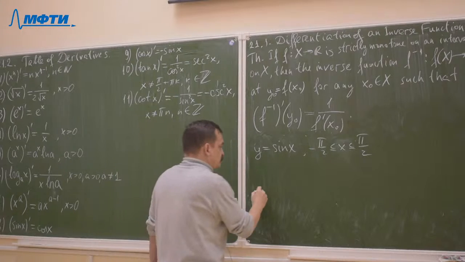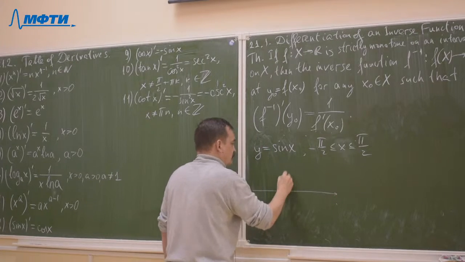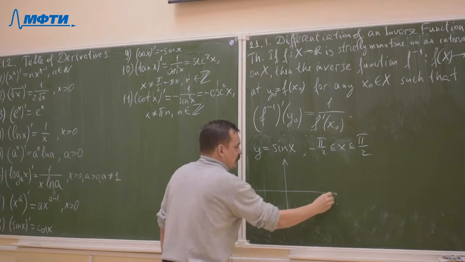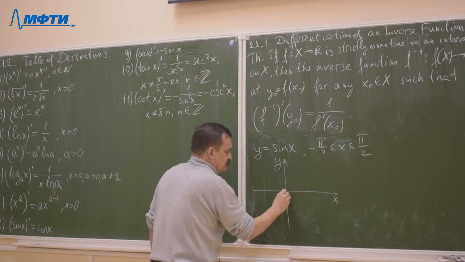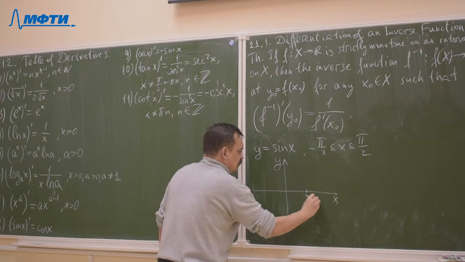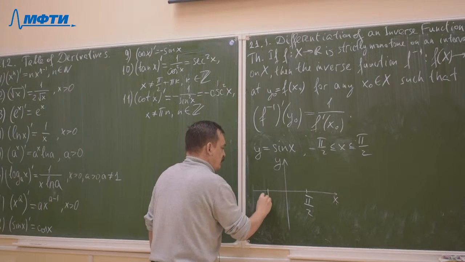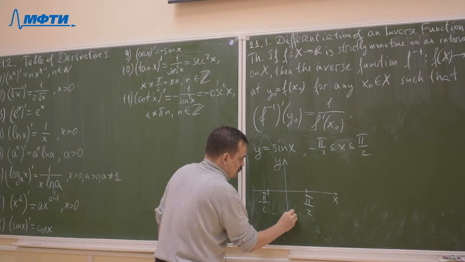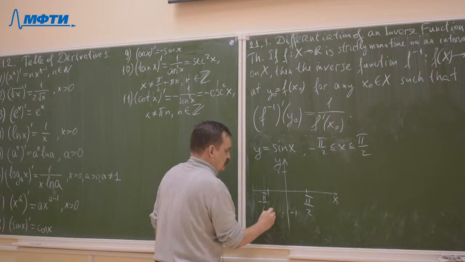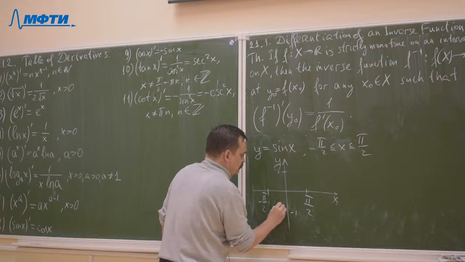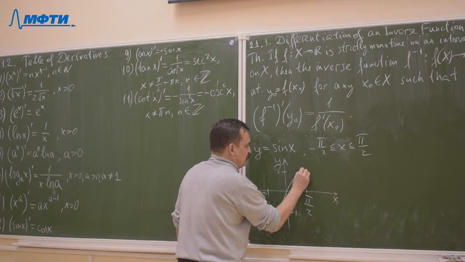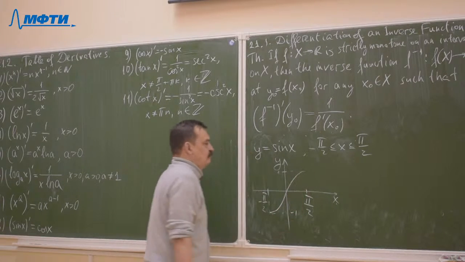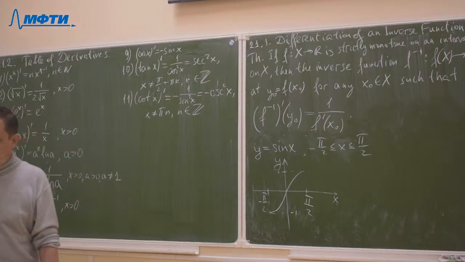Then the function y equals sine x, with x in [minus pi over 2, pi over 2] and y in [minus 1, 1], becomes strictly monotone.